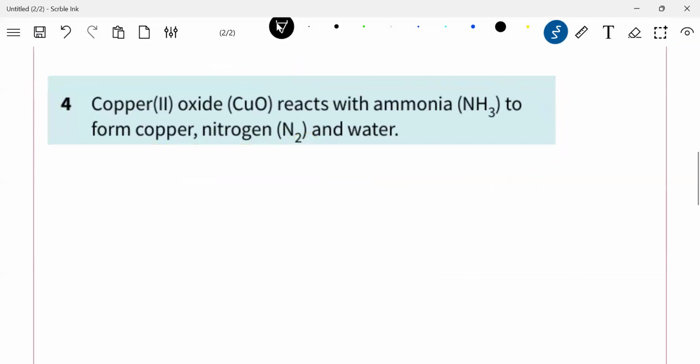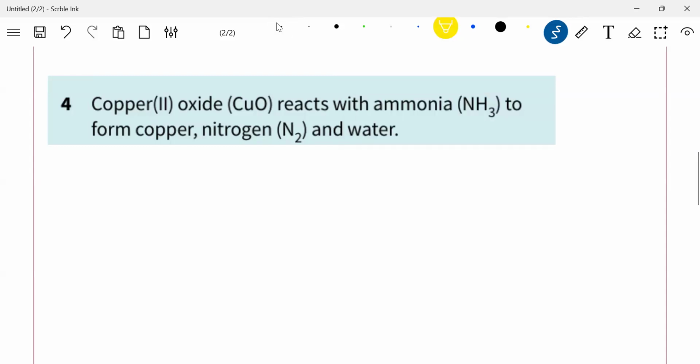Copper oxide, CuO, reacts with ammonia, NH3, to form copper, nitrogen, and also water. So we have to identify what the reactants are and what the products are. Of course, the reactant is copper oxide.